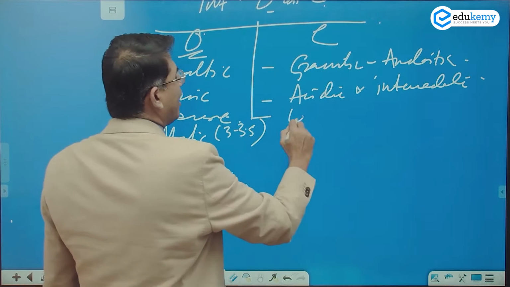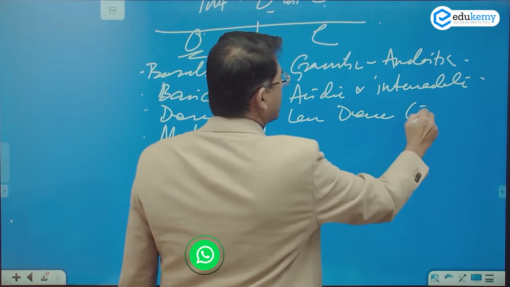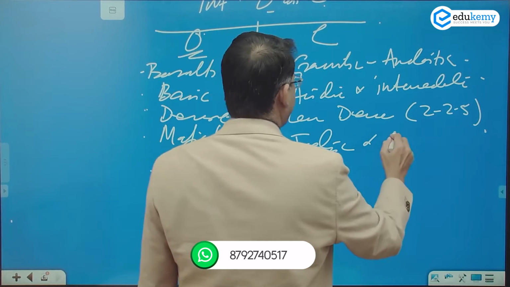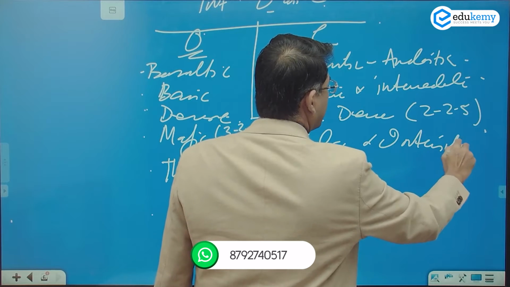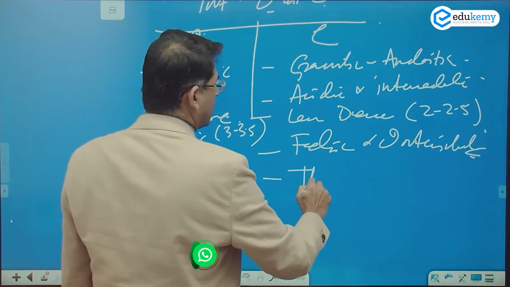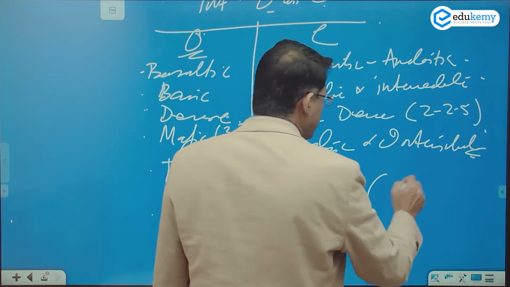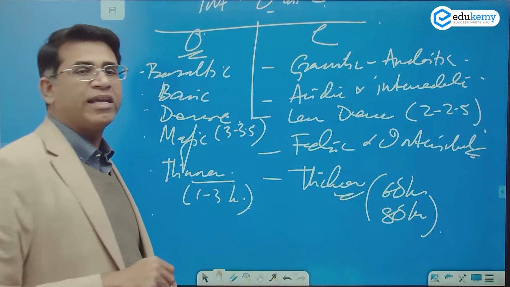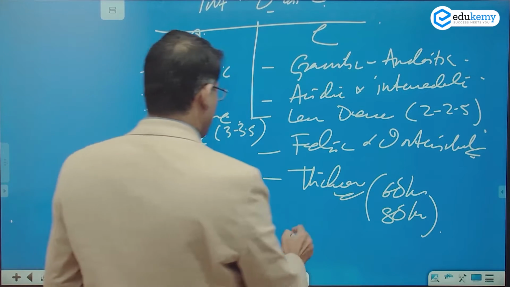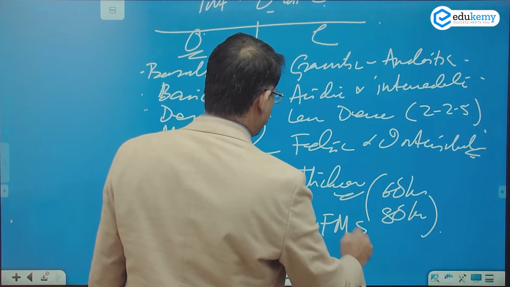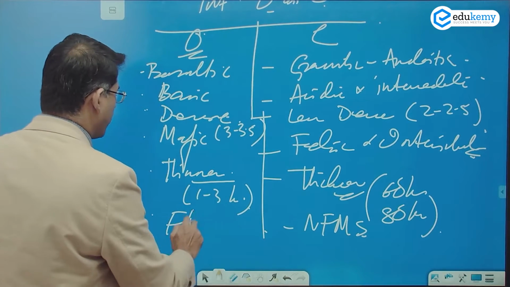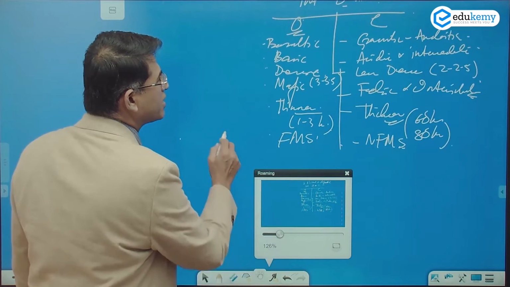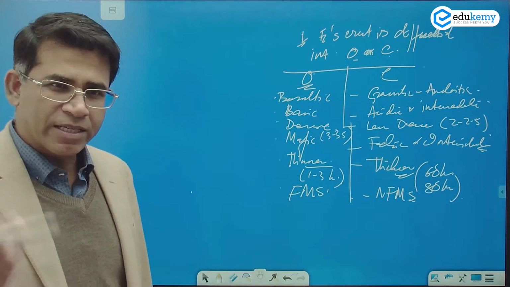These are less dense, about 2.5 density. These are felsic and intermediate, and thicker, approximately 60 kilometers in parts, and in some areas about 80 kilometers thick. These are non-ferromagnesium silicates, and the oceans are mostly ferromagnesium silicates. The Earth's surface is differentiated into oceans and continents. This is the first point.